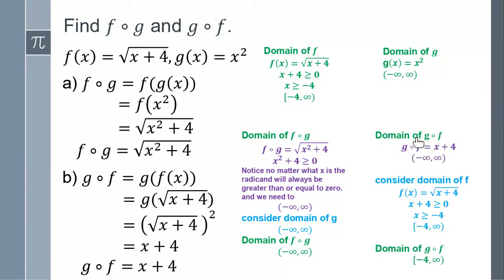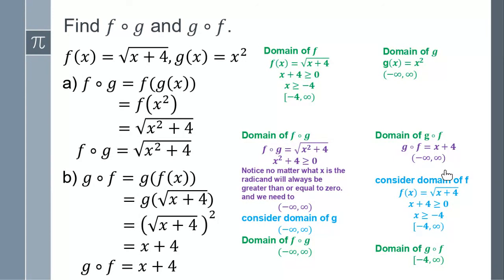Okay, now look at the one for g of f. Since f is the second function, you look at the domain of f, and the domain of f is -4 to infinity. So we want to keep that in mind, which is right here in the blue one. Now the domain of the whole composition, since we have x plus 4, there's no fraction, there's no square roots, is going to be from -infinity to +infinity.